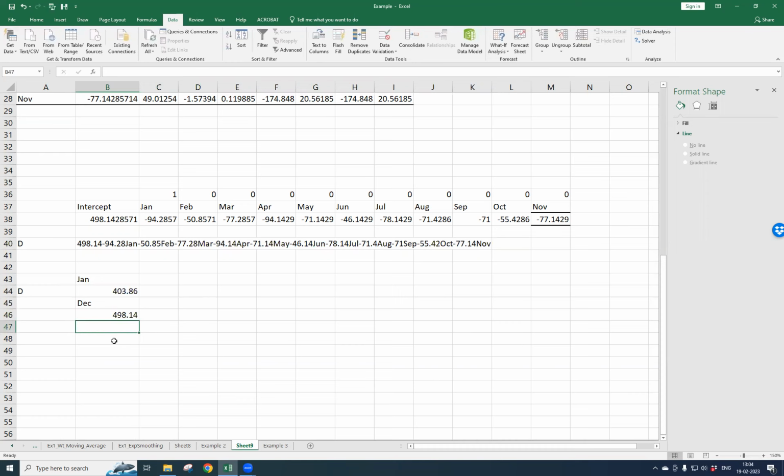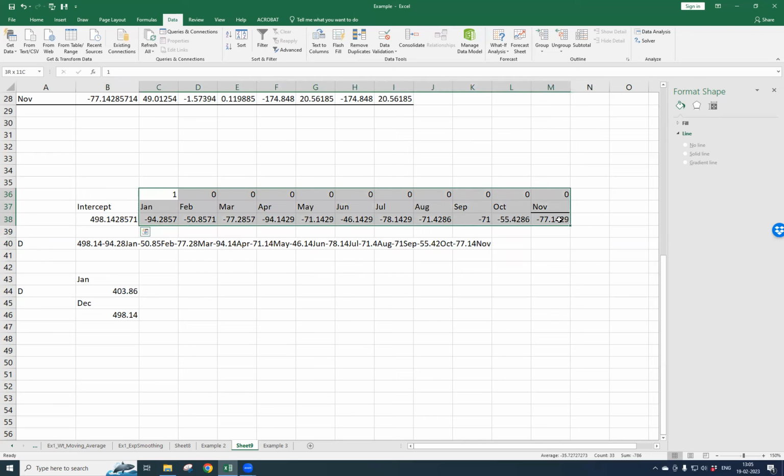So it is 498.14. The other way to interpret this is that the intercept value you see over here is nothing but the value representing the variable that you did not pick. That is the nth category that we did not pick, because we were always picking n minus 1 variables.